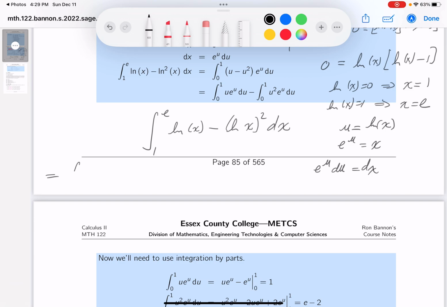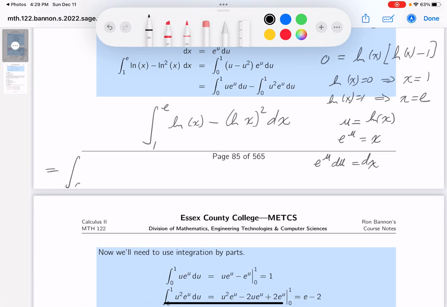This integration is going to be equal to, well, when x is 1, u is going to be 0. And when x is e, u would equal 1. The natural log of x is u, minus the natural log of x quantity squared is u squared. And then dx is equal to e to the u du.